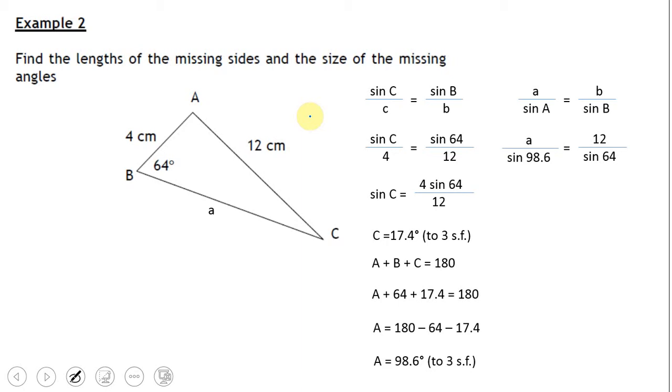To rearrange it to little a equals, we need to times both sides by sine of 98.6. So little a equals 12 sine of 98.6 divided by sine of 64. Sticking that into a calculator, we get 13.2 centimetres to 3 significant figures.